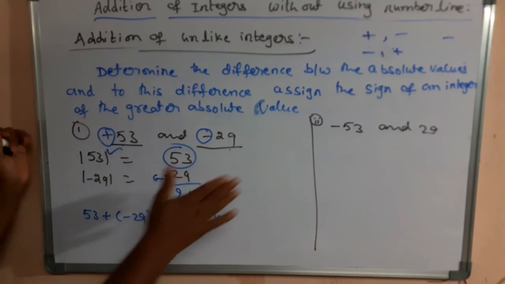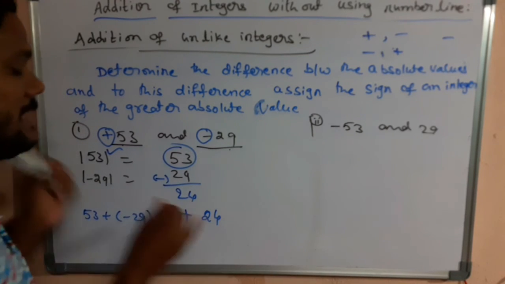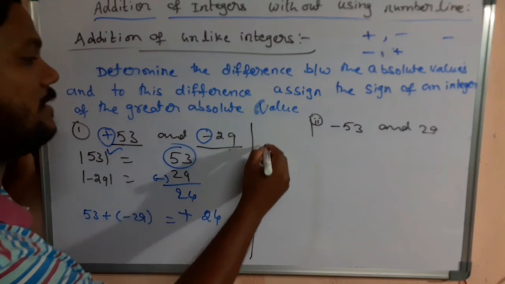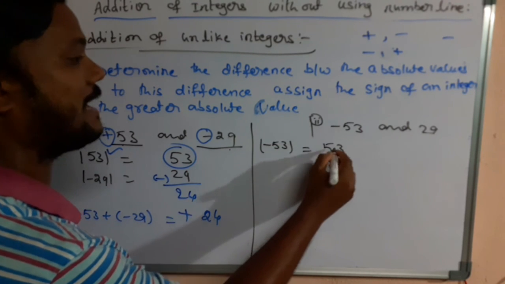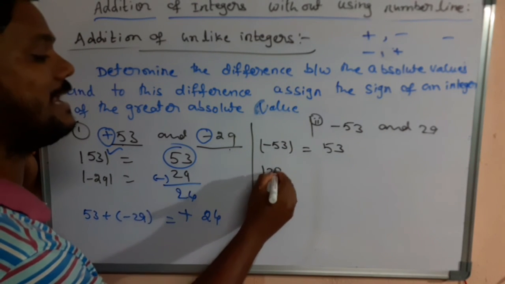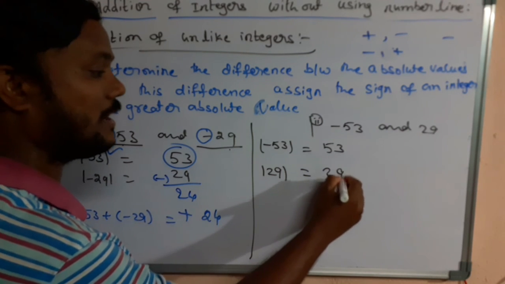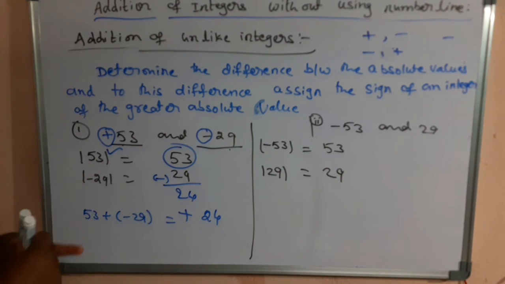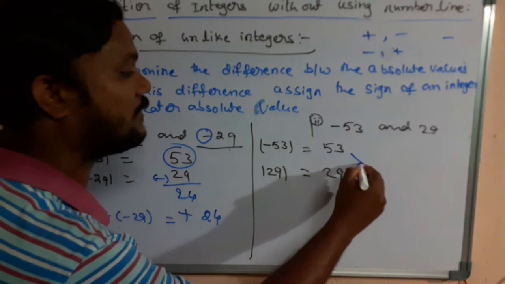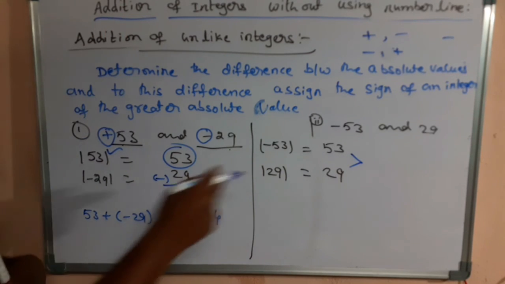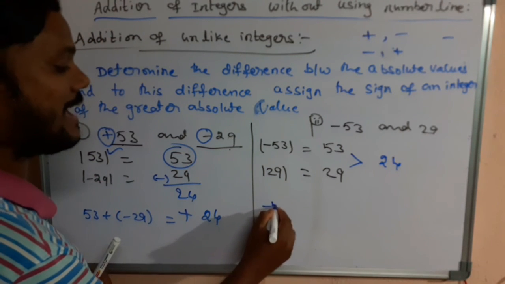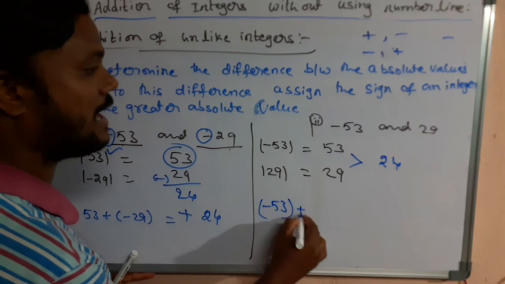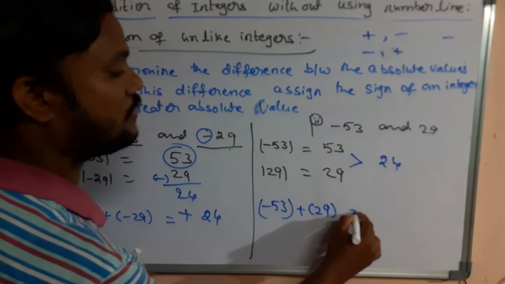If you see the second example, what is the absolute value of minus 53? That is 53, and the absolute value of plus 29 is 29. As these two are unlike integers, to add them we take the difference between these absolute values, which is 24.